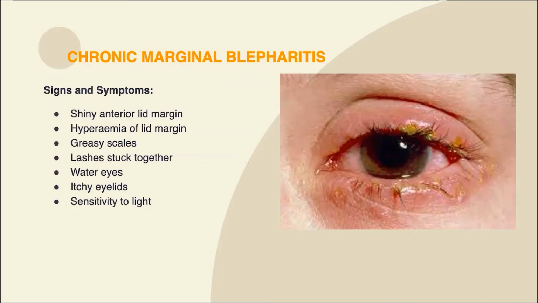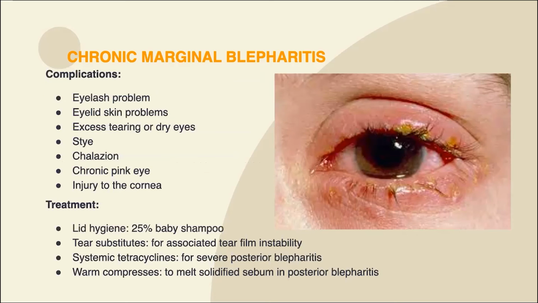The signs and symptoms of blepharitis would include shiny anterior lid margin, hyperemia of the lid margin, greasy scales, lashes stuck together, watery eyes, itchy eyelids, and sensitivity to light. Complications would be eyelash problems, eyelid skin problems, excess tearing or dry eyes, sty, chalazion, chronic pink eye, and injury to the cornea.